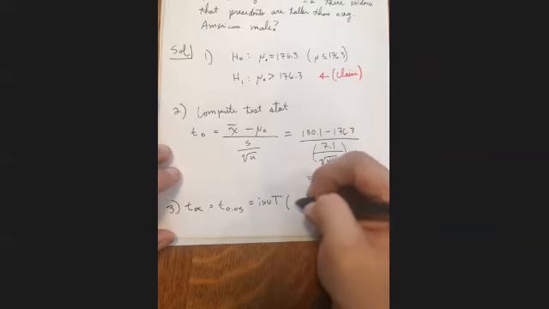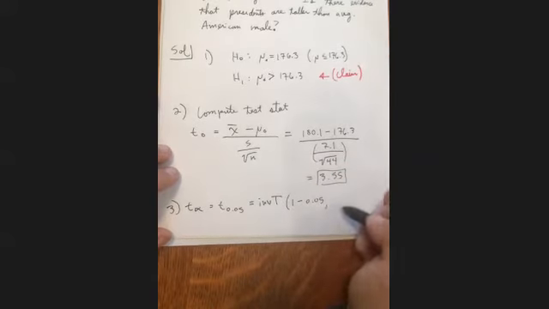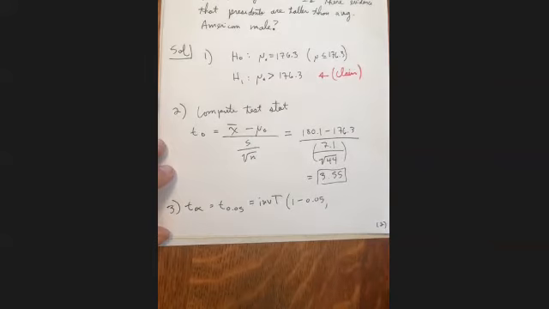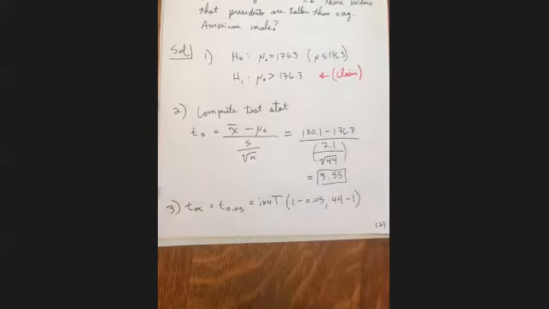Here we'll do 1 minus 0.05, and then we have to tell it what the degrees of freedom are. Remember, the degrees of freedom is the sample size minus 1.